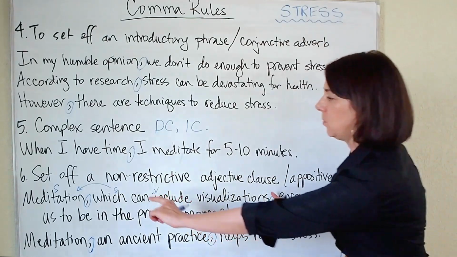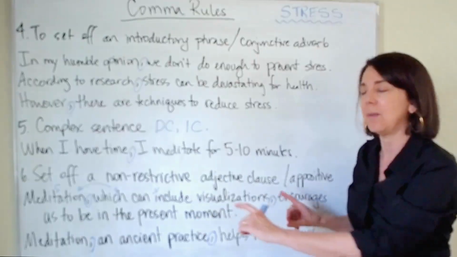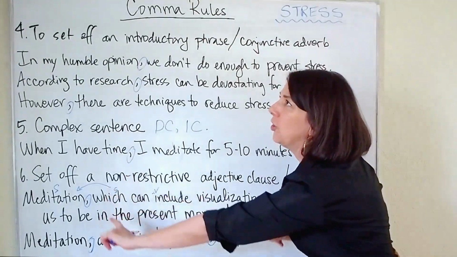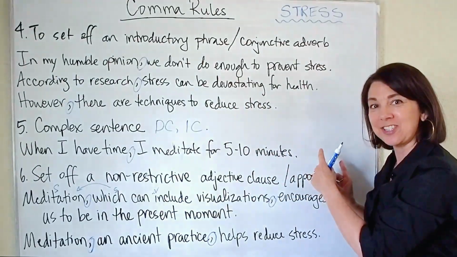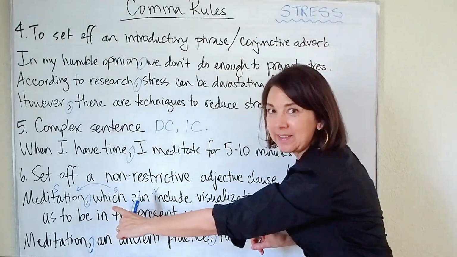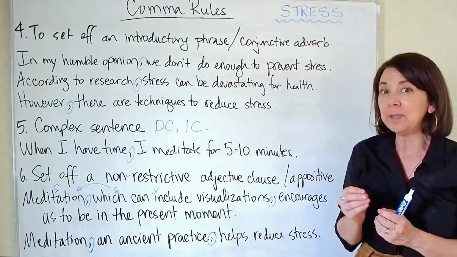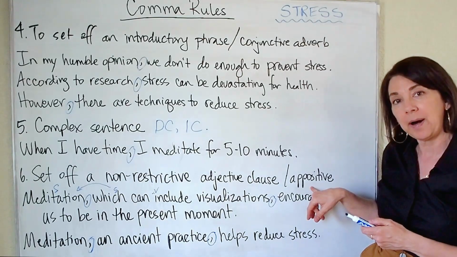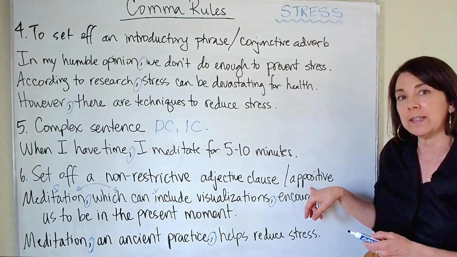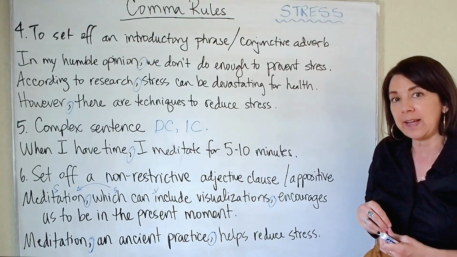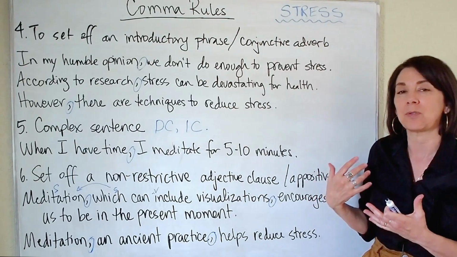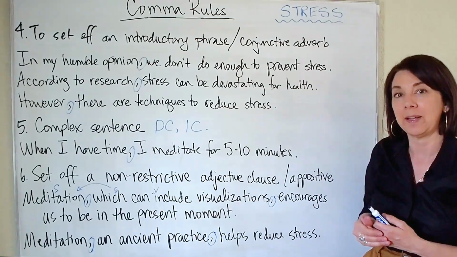And for that reason, we use commas. And you can think of the commas as like a little hook that you can take the adjective clause out or put it back in. Okay, a similar idea is using an appositive. An appositive is a noun phrase that describes or gives more information about a noun.